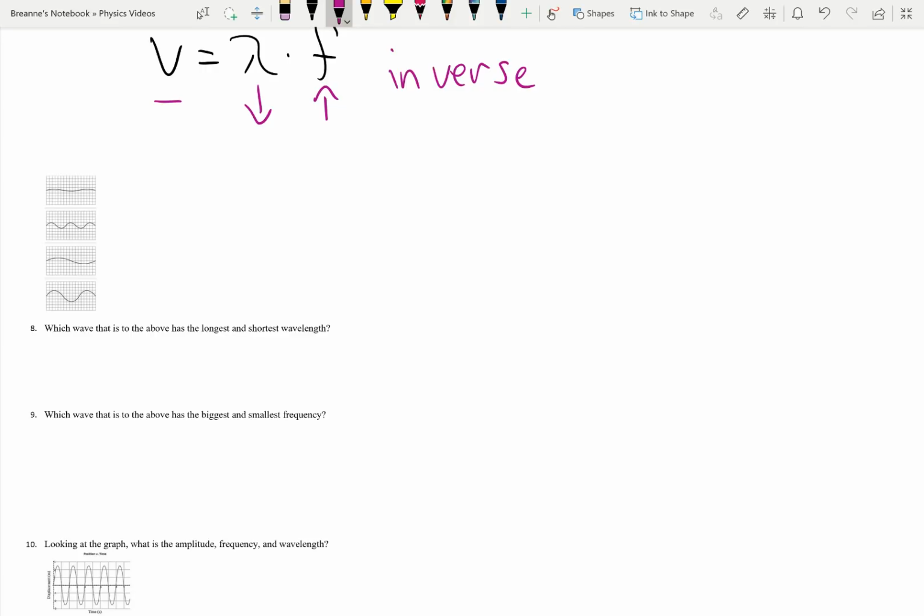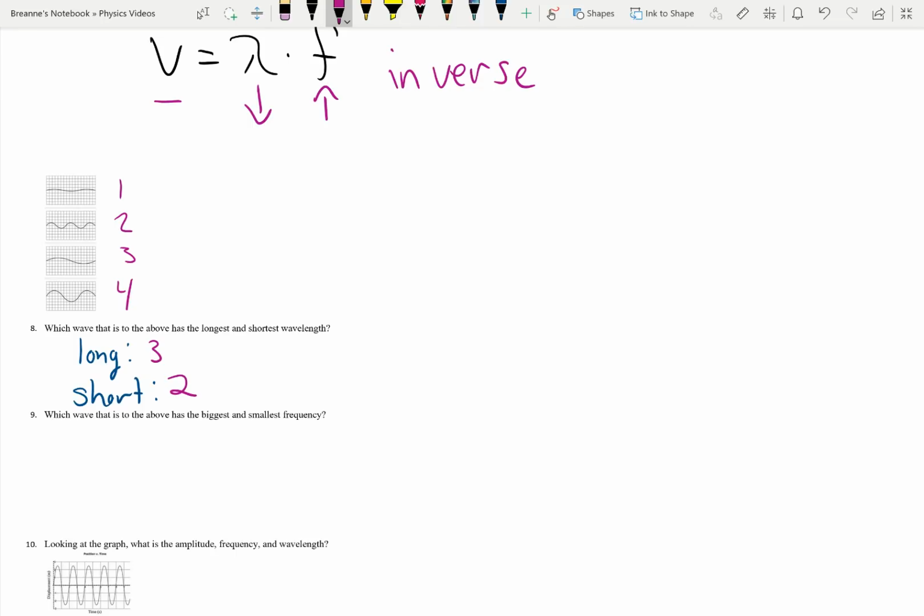Let's name them 1, 2, 3, 4. The longest would have to be, I would say, 3, and the shortest would have to be 2.